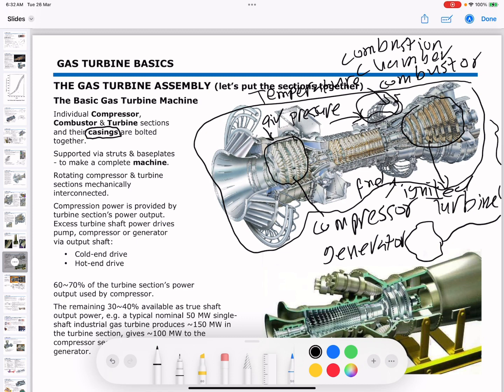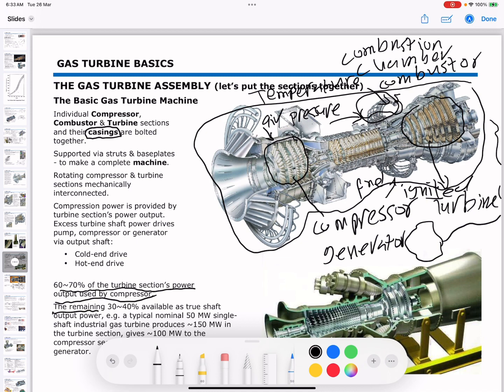The excess energy from the turbine shaft is used to operate pumps, compressors, or even an electric generator through the output shaft. This output can be from the cold side or the hot side of the turbine. 60 or 70% of the turbine section power output is used by the compressor.